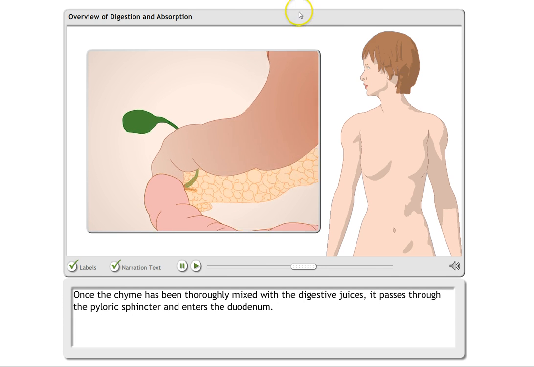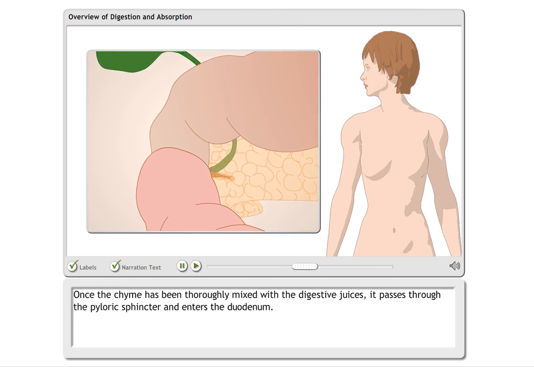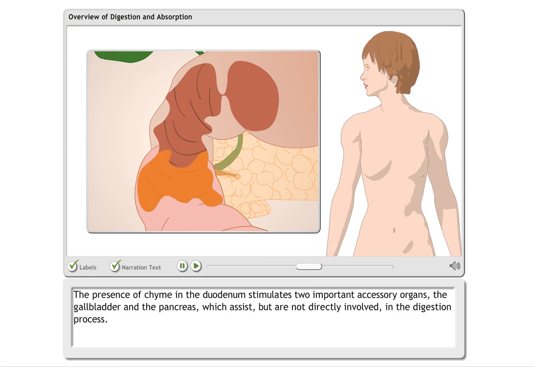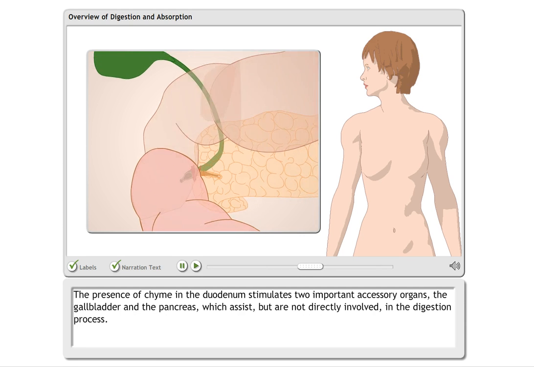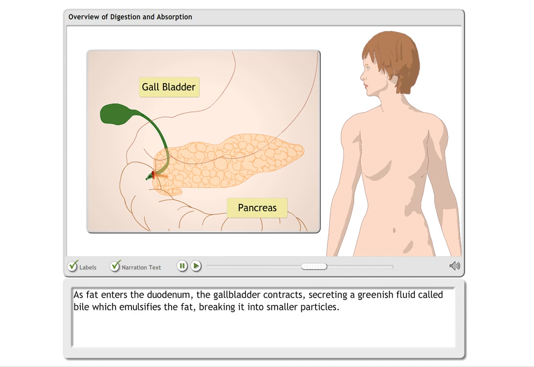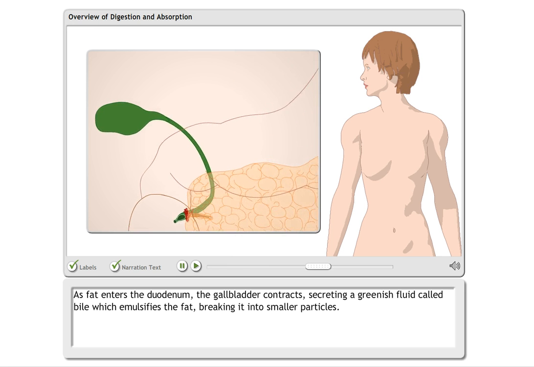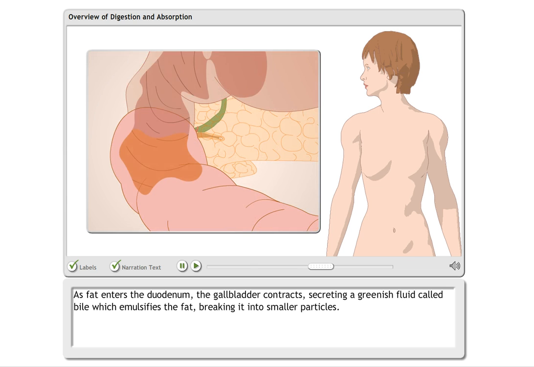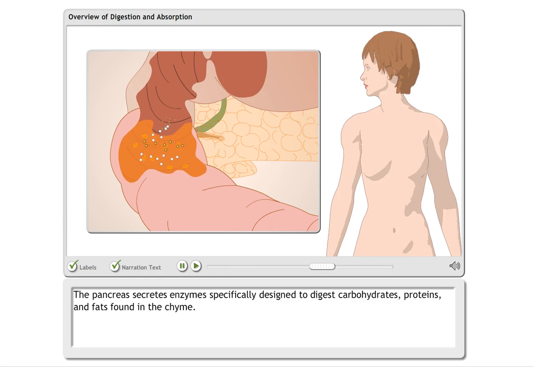Once the chyme has been thoroughly mixed with the digestive juices, it passes through the pyloric sphincter and enters the duodenum. The presence of chyme in the duodenum stimulates two important accessory organs, the gallbladder and the pancreas, which assist but are not directly involved in the digestion process. As fat enters the duodenum, the gallbladder contracts, secreting a greenish fluid called bile, which emulsifies the fat, breaking it into smaller particles.